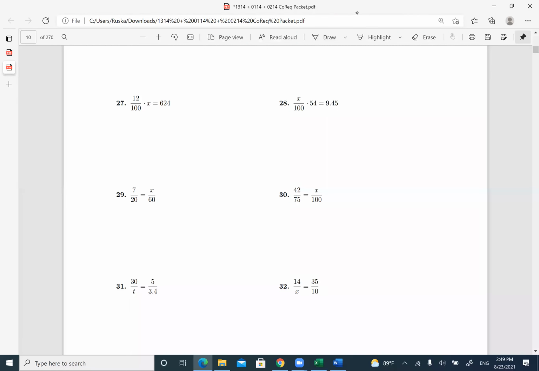Now let me ask you, do you know how to scan paper with your cell phone? Yes or no? Yes? Okay. So for next time, if you have the packet, just solve these 10 questions. That's the homework for today.